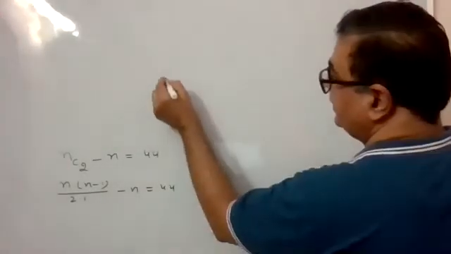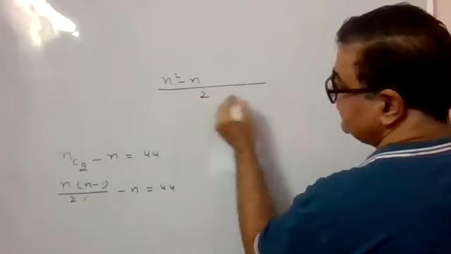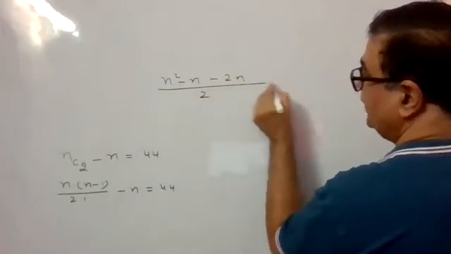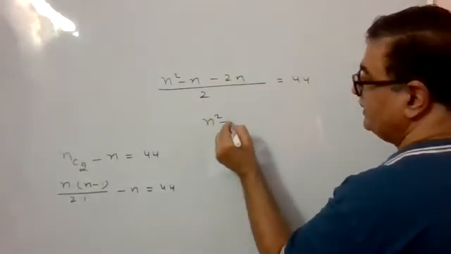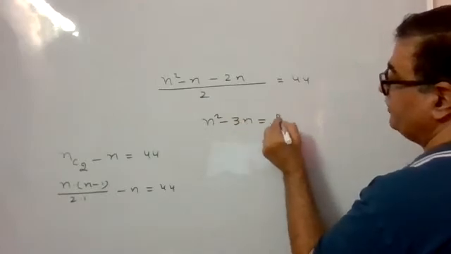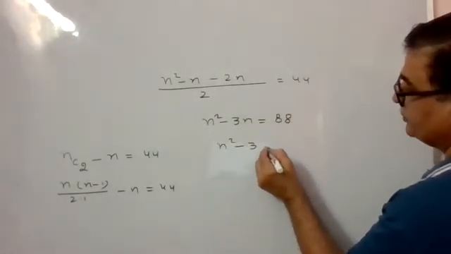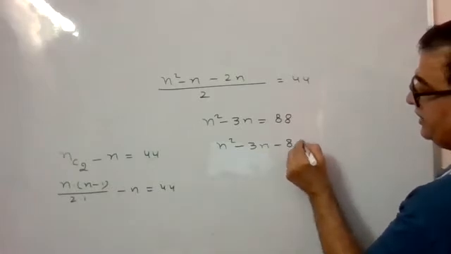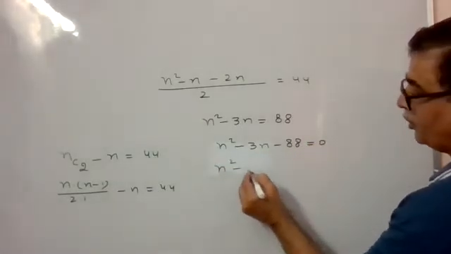Now what you will get here is n squared minus n. 2 is our LCM, so it will come minus 2n equals 44. Or I should say n squared minus 3n will be 88. n squared minus 3n minus 88 equals 0. When you factorize, what will come?